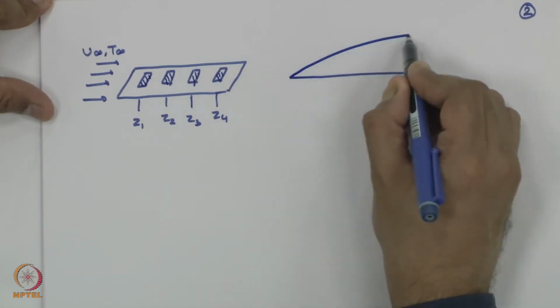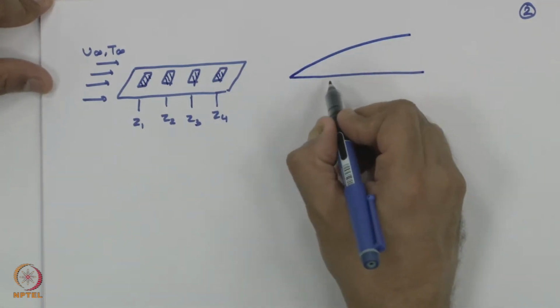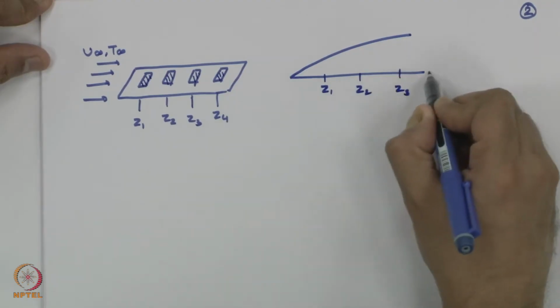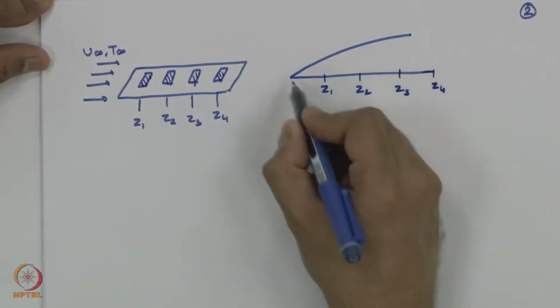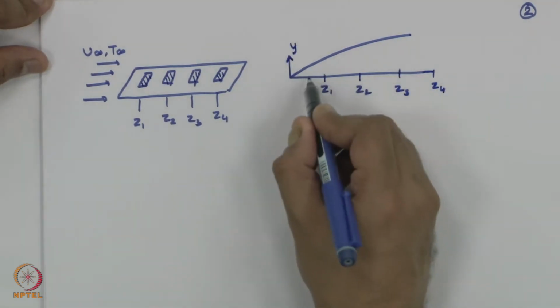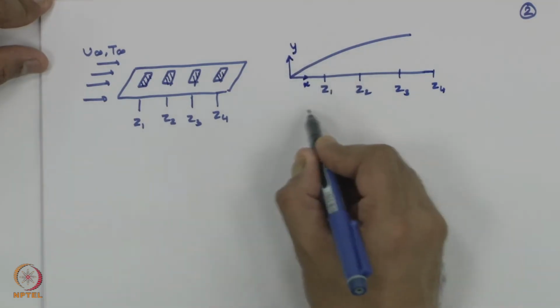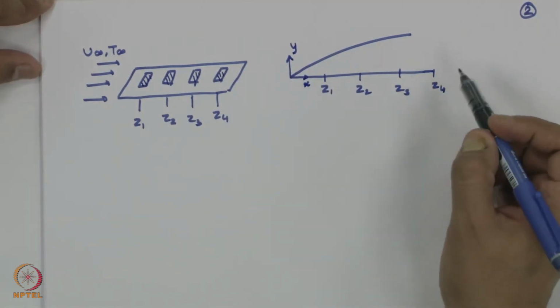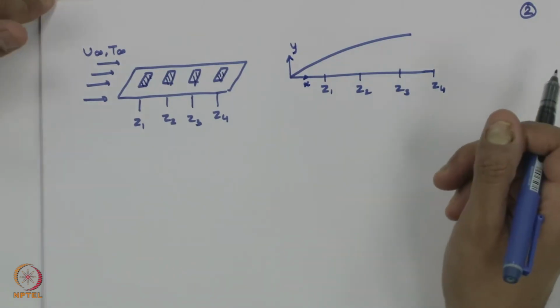the geometry is like flow over a flat plate, and this would be your Z1, Z2, Z3 and Z4, and you can clearly see that along the flow direction, the boundary layer thickness is going on increasing. As a result, this is going to affect the heat transfer. We will see how.